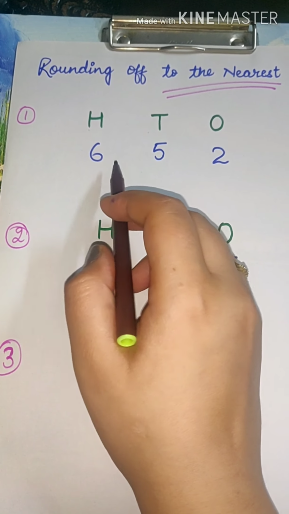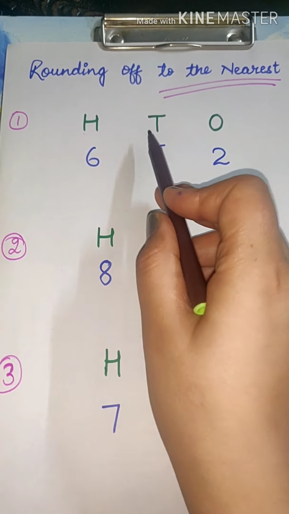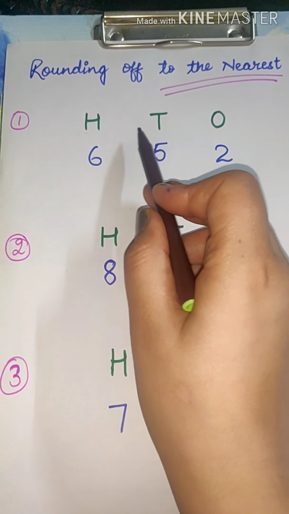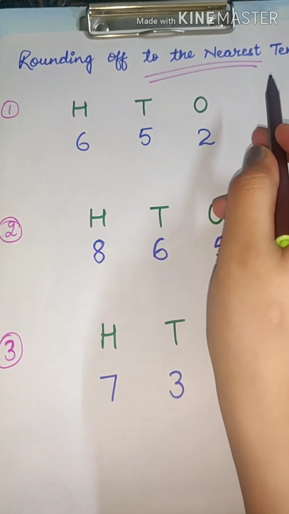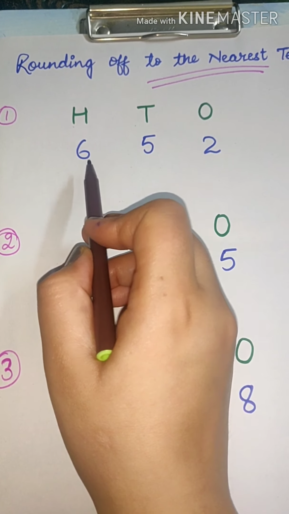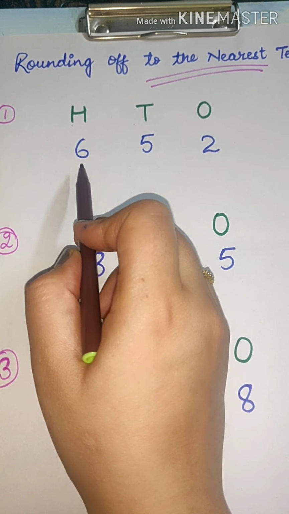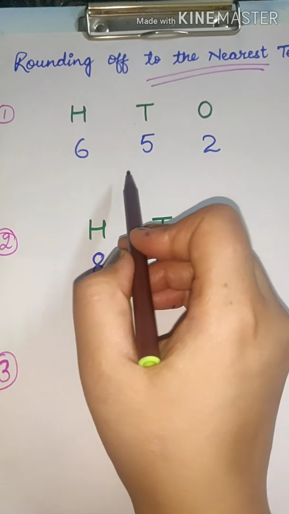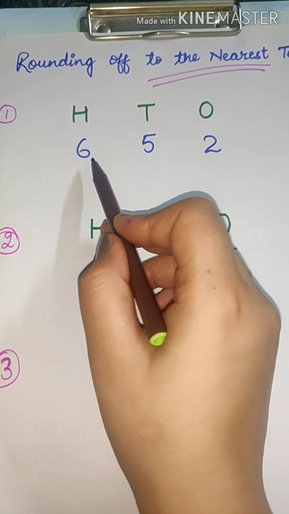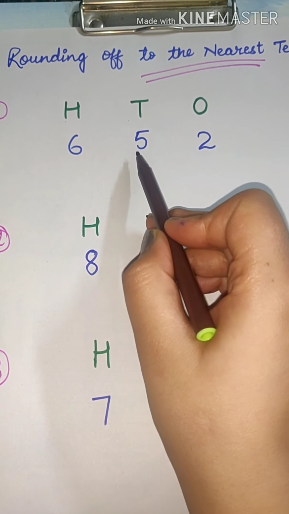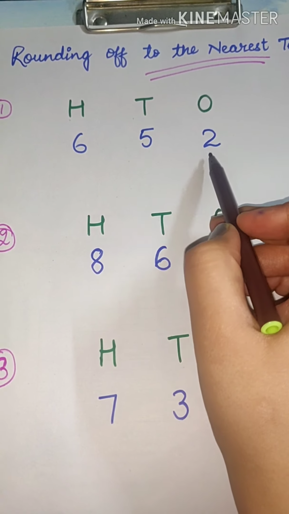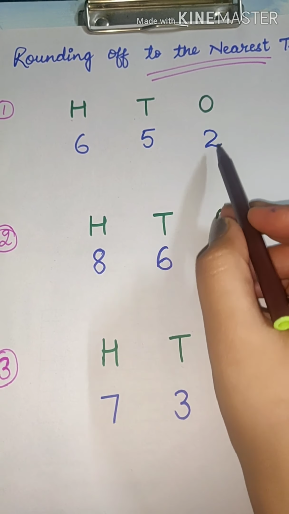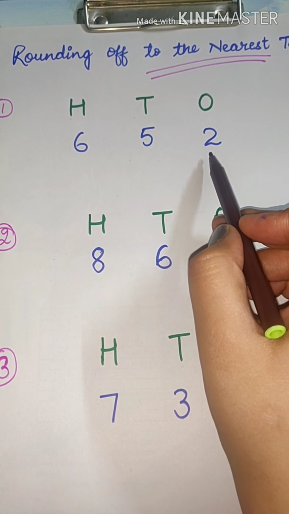Kids, you can see I have taken 3 places here, ones, tens, hundreds. As we are doing rounding off to the nearest 10, we don't care about the digit which is at hundreds place. It will remain the same. Now, here 5 is at tens place and 2 is at ones place. So, do you remember?